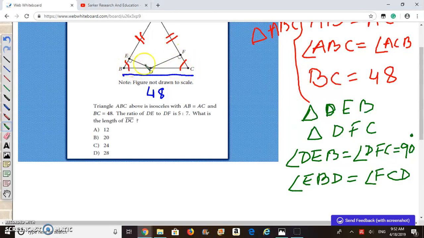So we already know these are equal, so these angles are congruent as well. So in the two triangles DEB and DFC, we have these angles which are congruent and these angles which are congruent. If two pairs of corresponding angles in a pair of triangles are congruent, then the triangles are similar triangles.